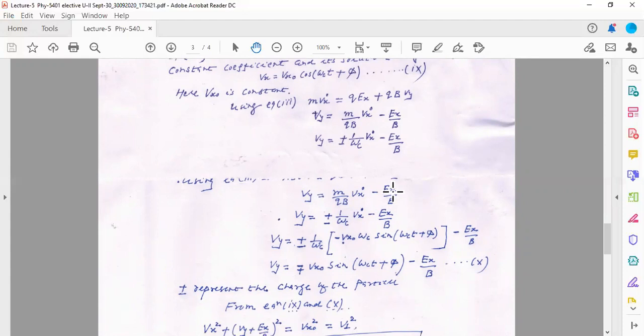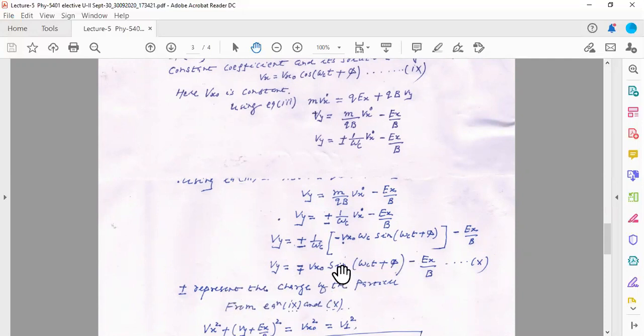It does not change with respect to time t here. So here you have this Vy component with the minus sign, and outside we have a plus or minus sign. So you can write Vy is minus or plus Vx0, this omega c cancels, so it is sine omega ct plus phi minus Ex over B. Here the plus or minus sign represents this.